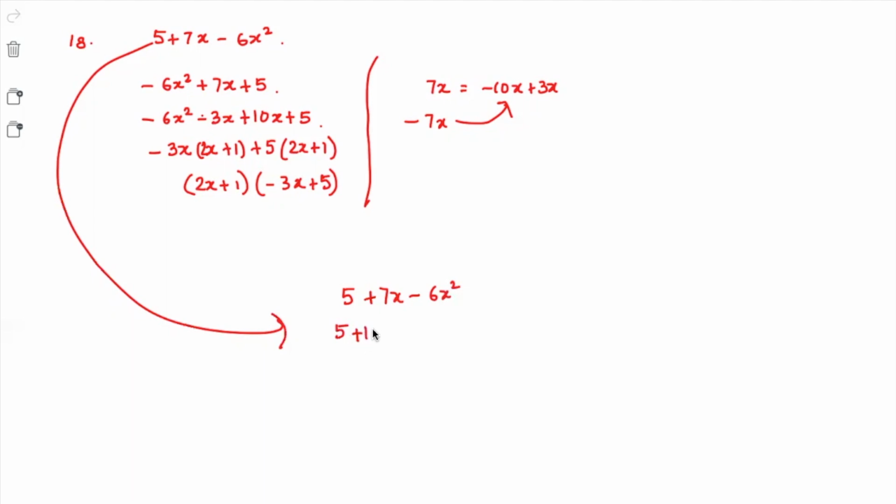It will be same. The answer in both the cases are same. Minus 3x plus 5 and 5 minus 3x are same. 2x plus 1 and 1 plus 2x are also same. So nothing changes whether we put the extreme terms in reverse order.